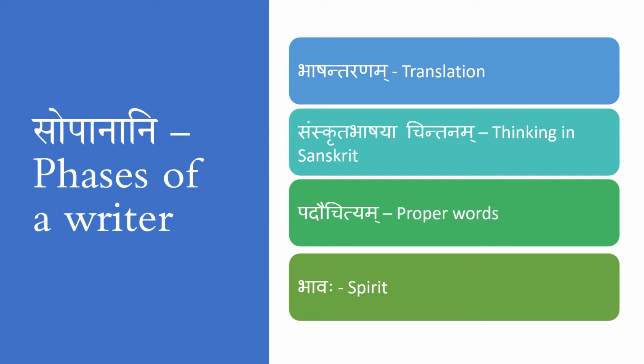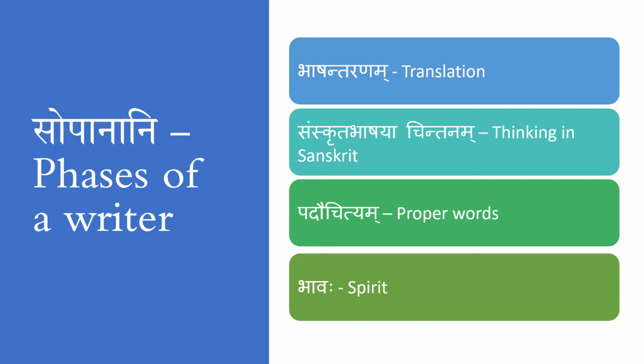Now, this requires a lot of understanding behind the culture of that language. Sanskritam has been used in various different fields. So in those fields, in the different contexts, how the words are used.